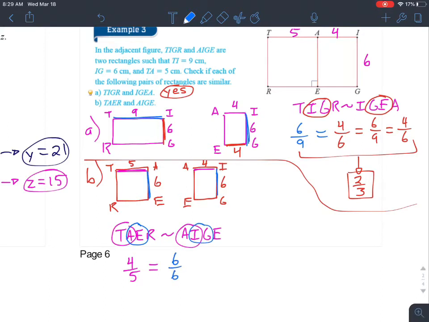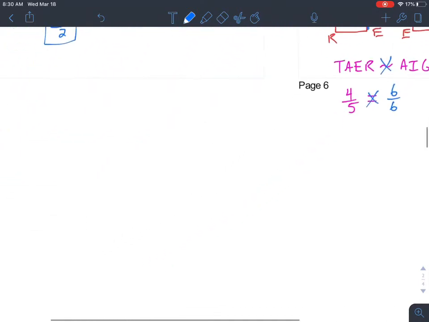Well, that's not going to work because if we do right divided by left, that's 6/6. Those are not equal, and therefore these two rectangles are not similar because we do not have a common scale factor. 4/5 is not equal to 6/6. So the answer for B, no.